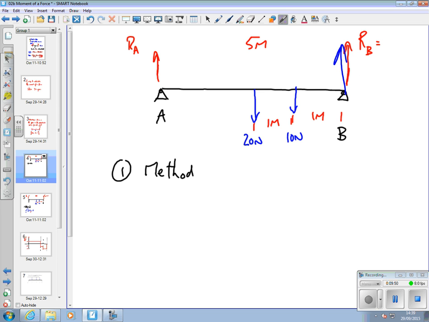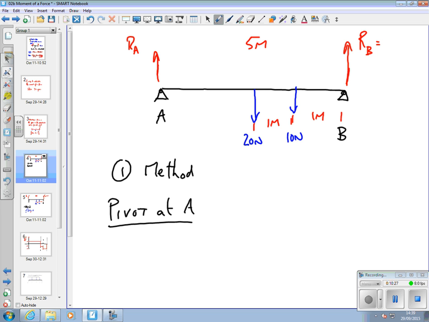And what we have in mind is that if this thing is not moving, then whatever the moment is going around this way due to that force, and whatever this moment is, due to this force going this way, both of them trying to turn it clockwise, are being counteracted by an anti-clockwise moment going that way, which equals this force times that distance. And that's the idea.